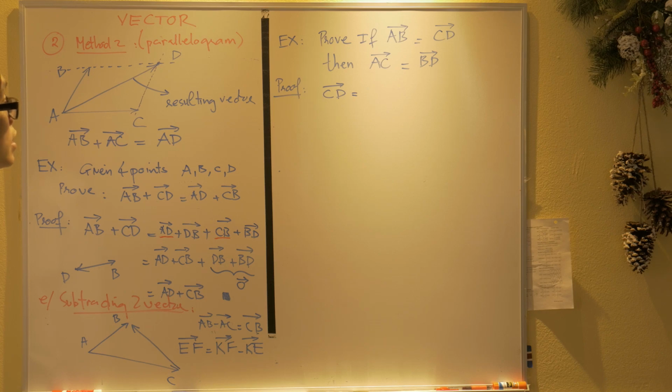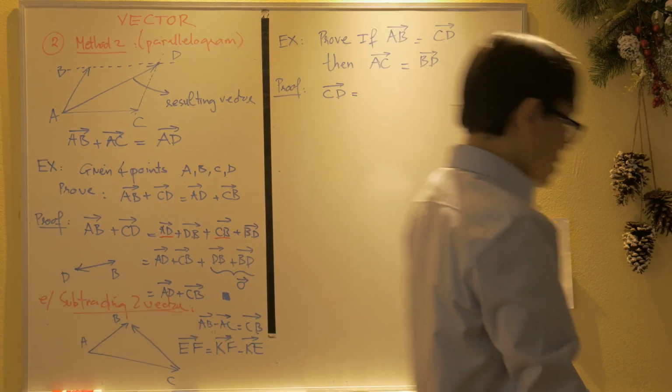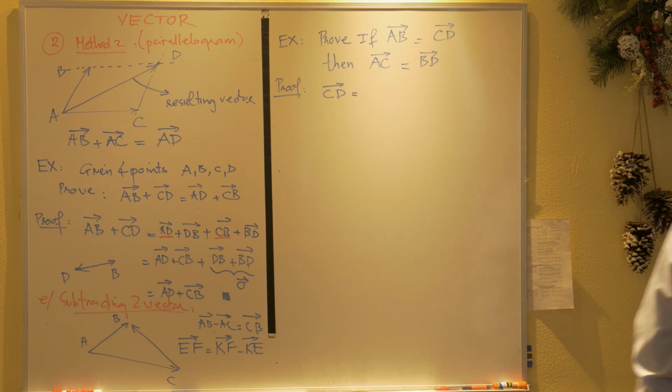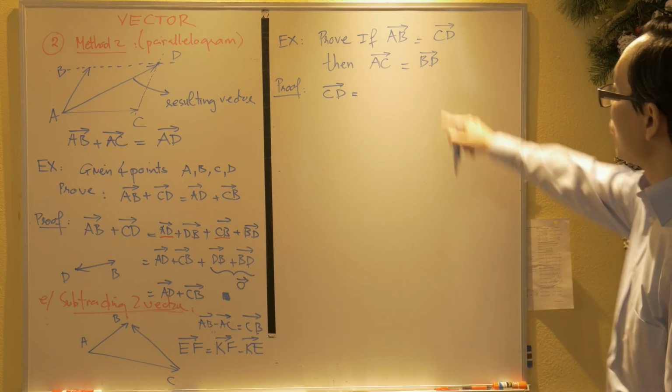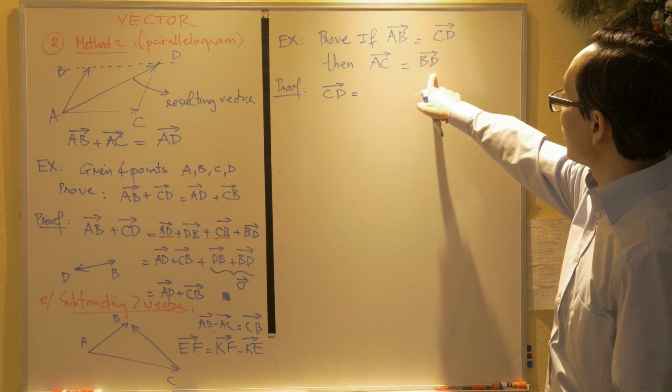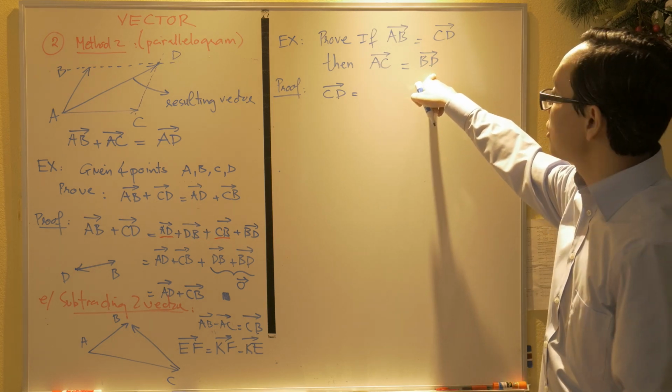So I can write CD as AD minus AC, or because we want BD, I can use letter B to insert.